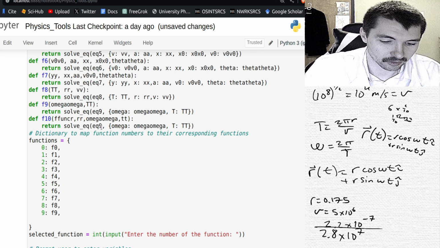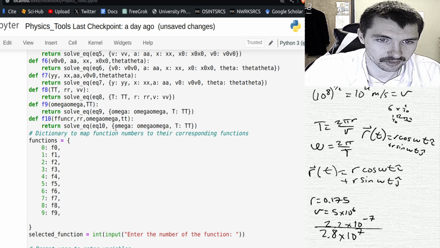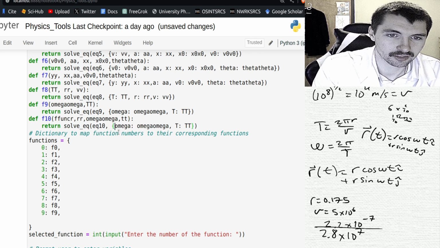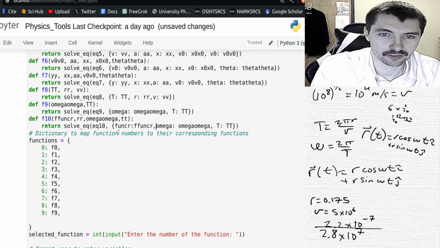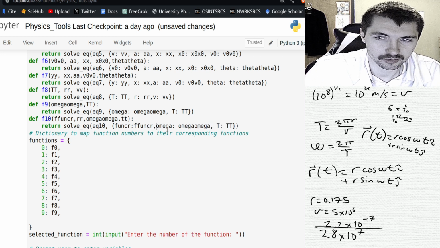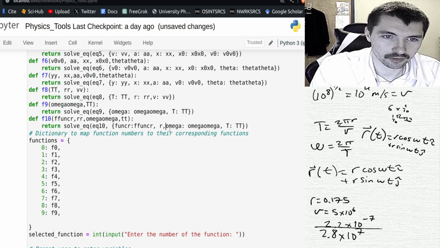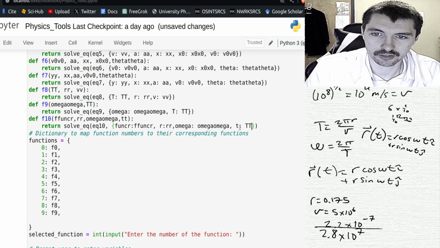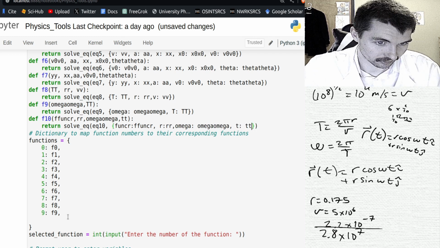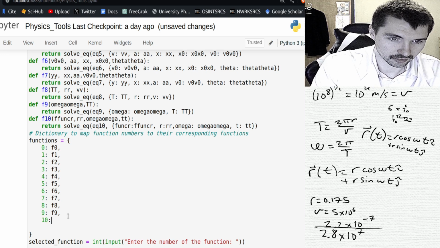Okay, so we're going to solve equation 10. Function r is r, t, 10, F10.